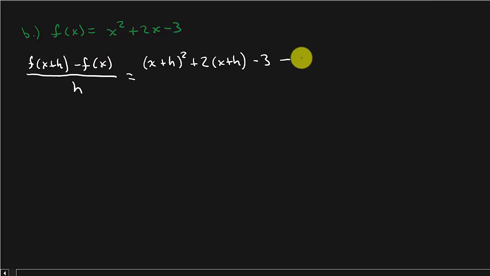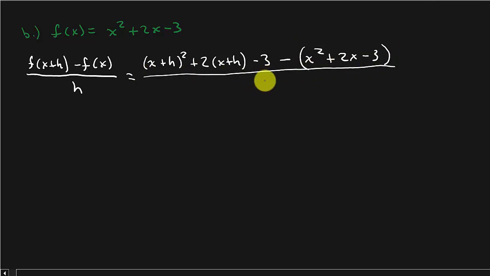Well, what's f of x? That's x squared plus 2x minus 3. And it's minus the whole thing, so that needs to be in parentheses. And that's all over h. All right, so now let's multiply, distribute, and combine like terms. Remember this first term is the same thing as x plus h times x plus h.